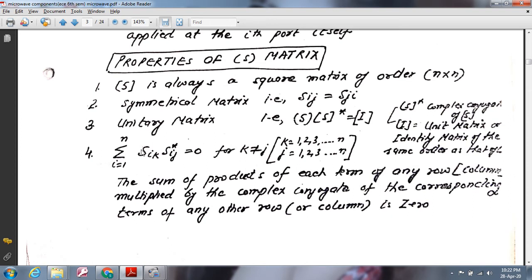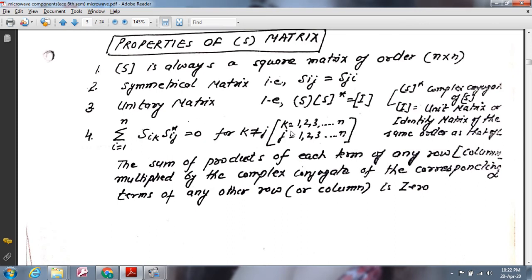Next property. Now here we see the summation, i ranging from 1 to n, of Sik times S star jk, this will be equal to 0 for the case when k is not equal to j, where k equals 1, 2, 3 up to n, and also j equals 1, 2, 3 up to n.